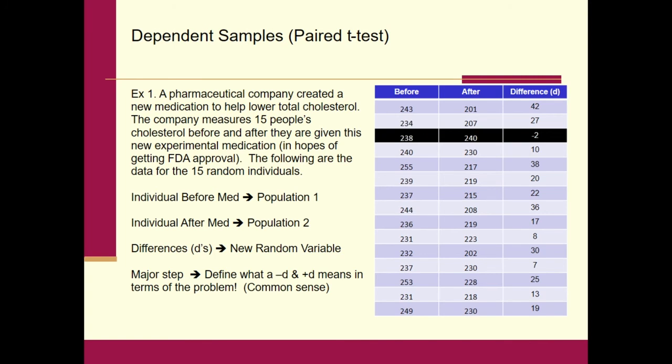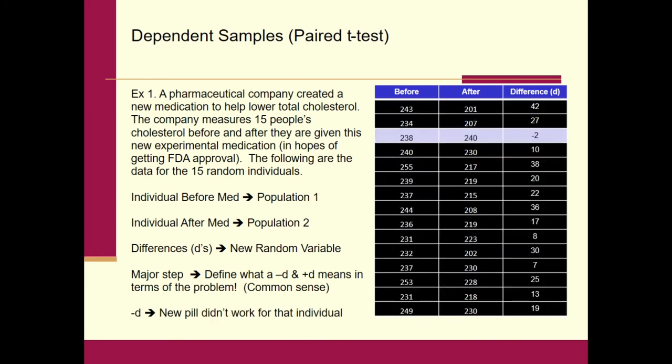So a negative D meant the medication definitely wasn't working. Maybe it was even hurting in some way, shape, or form. And positive D means the pill was effective in lowering cholesterol. Now keep that in mind because that's going to play a huge part in figuring out what to put into the alternative hypothesis.